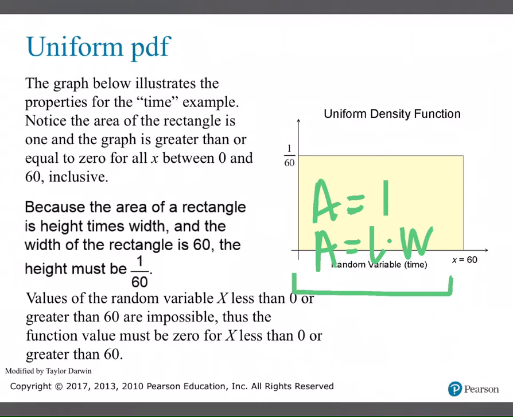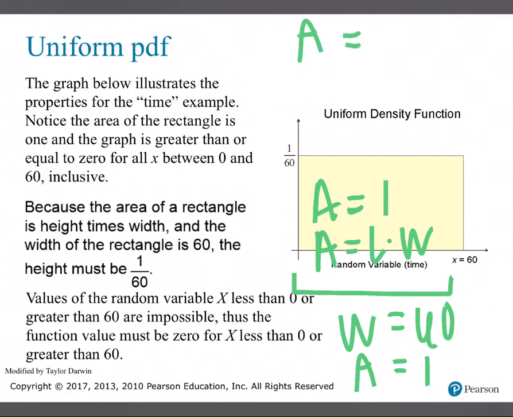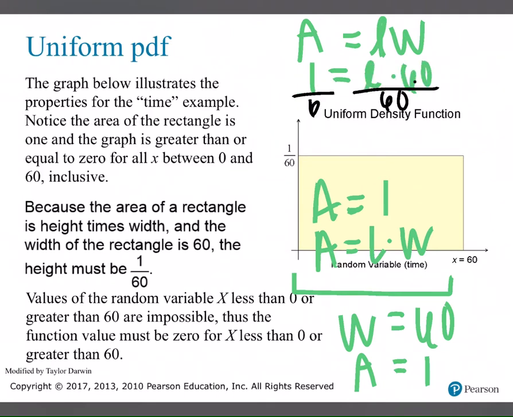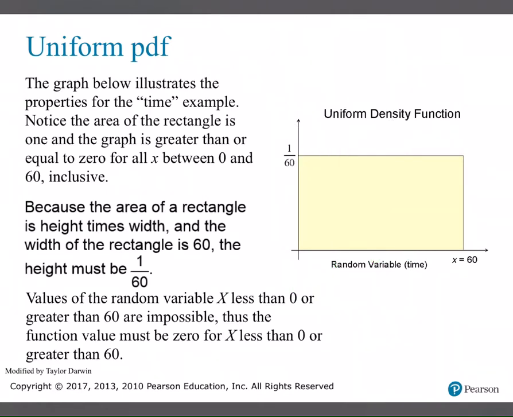The width is 0 to 60, or 60, and the area is 1. So if A equals L times W, then 1 equals L times 60, and if I solve algebraically, L equals 1 over 60, which is how I'm getting that 1 over 60. So each minute basically has a 1/60th chance of that package getting delivered during that time.